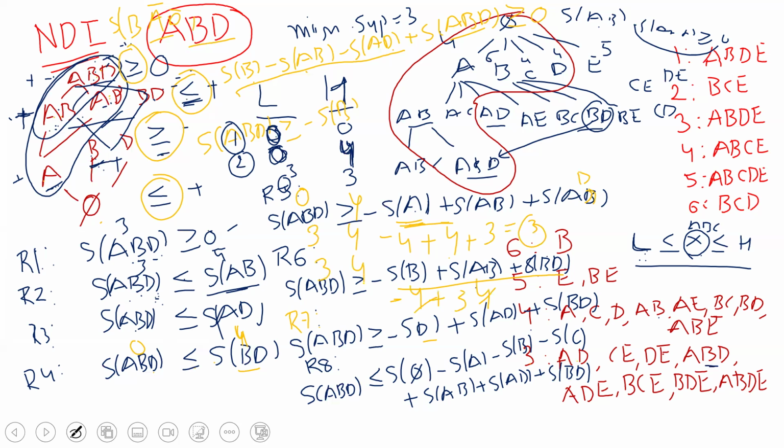S of pi is, how many items are there? That will be the support of S of pi. We have 5 items, right? How many items do we have? 6 items or 5 items?